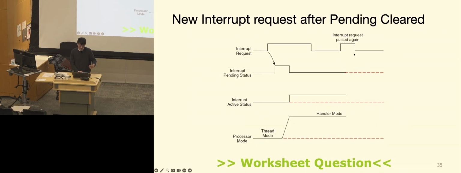And that stays up until the handler mode goes back to the thread mode, and then it looks at it again, and it happens again, and it goes right back to the handler mode, as well as the active state. It goes down a little bit and then goes right back. And after that, the pending state goes down, right? Anyone agreeing or disagreeing with that? Any other thoughts? Okay, I see some thumbs. Anyone who disagrees with it?